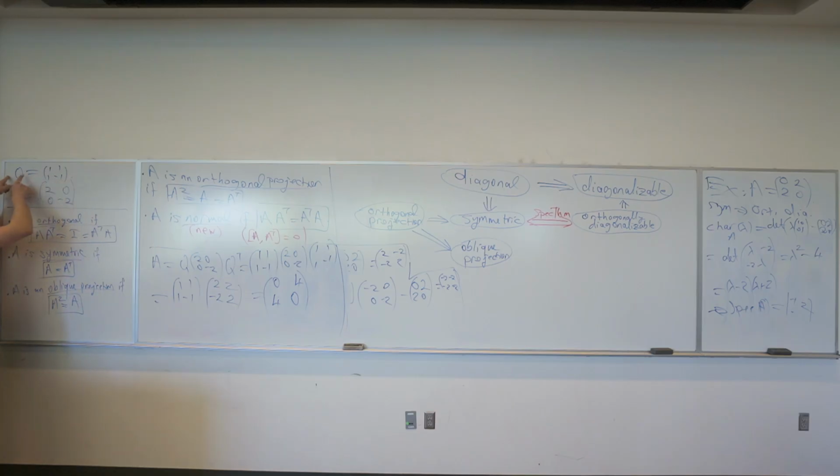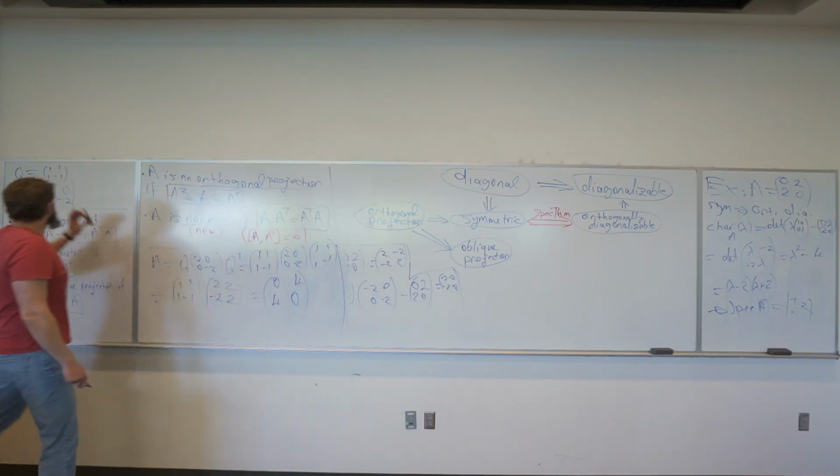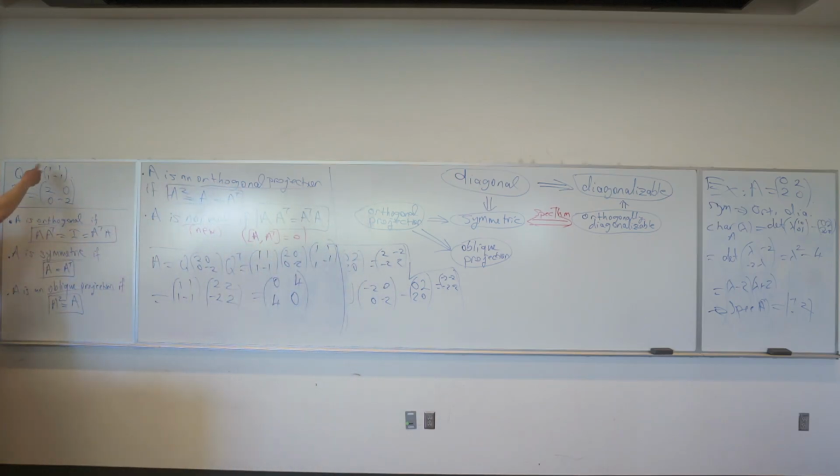It is true that for this Q, it is invertible. That's fine. Columns are orthogonal, but that's not sufficient for Q to be an orthogonal matrix. You need to normalize the columns. These are not of unit length. That's an issue. So this doesn't work. What you need to do is adjust the columns.